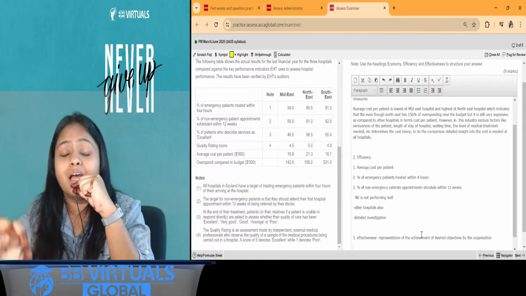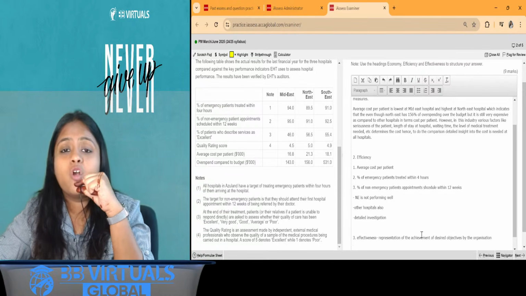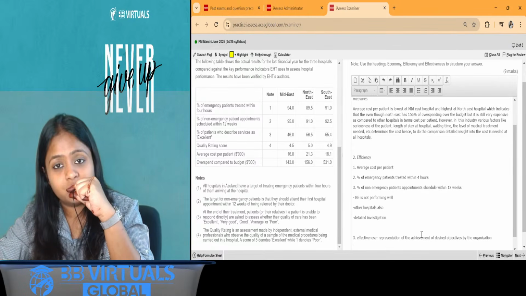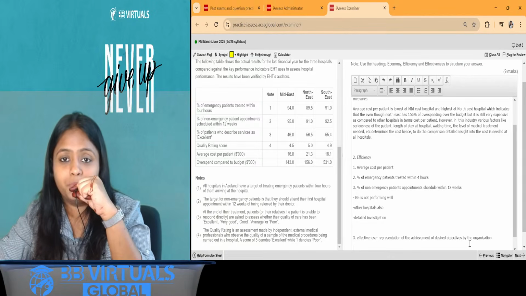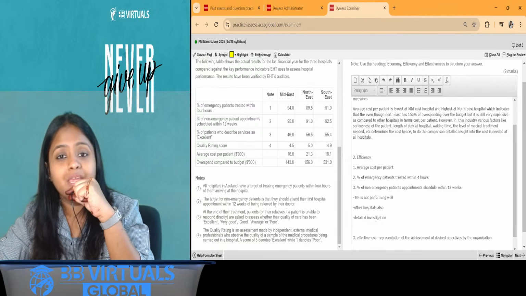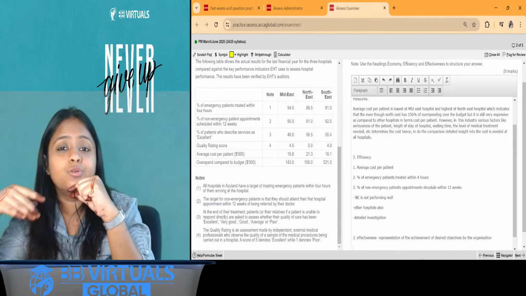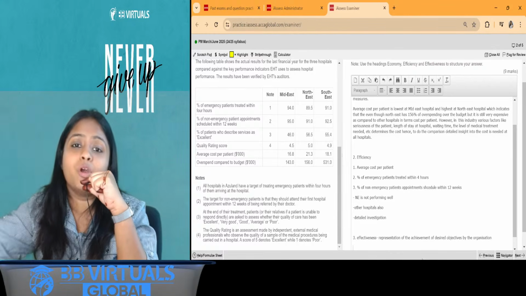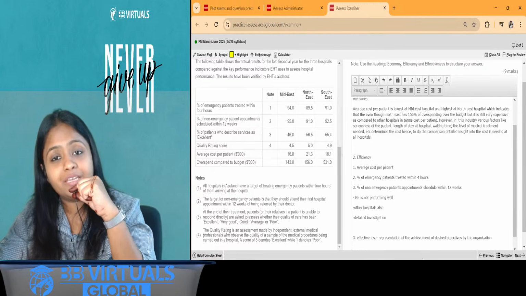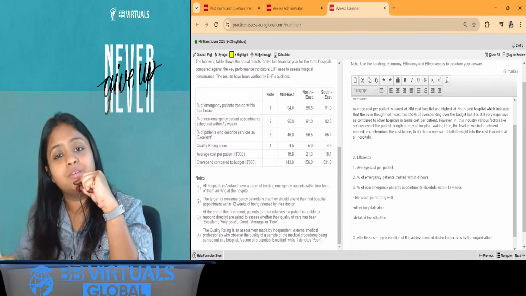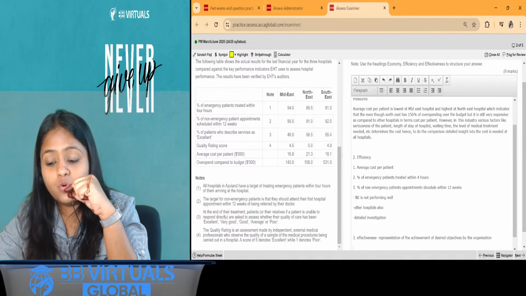So a detailed understanding of cost savings is needed by the management, and then a proper balance should be maintained so that economy, efficiency and effectiveness all are met. Done, you got your 3 points. Whatever I told you, you don't need to write everything. I've given you so many pointers. Make sure that for effectiveness also you write these 2 points and elaborate them well, and you get your 3 marks. No need to write any length.